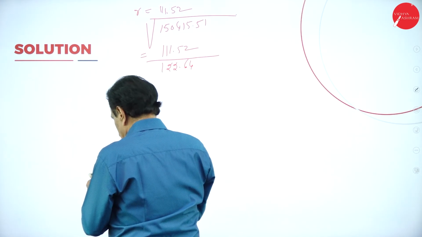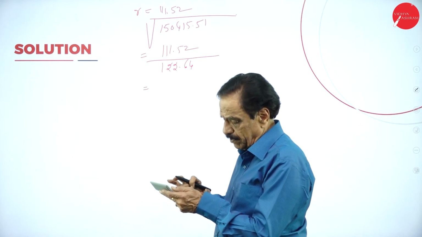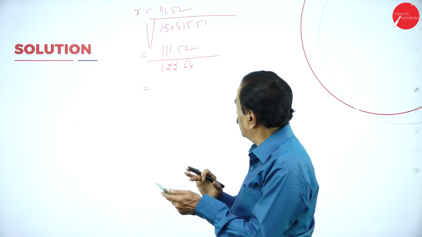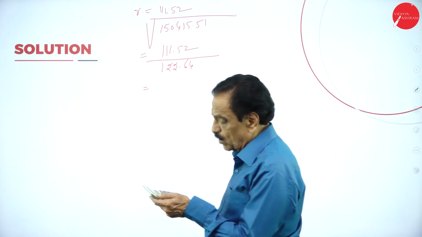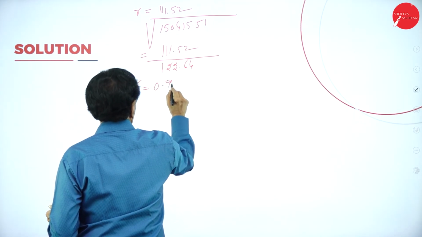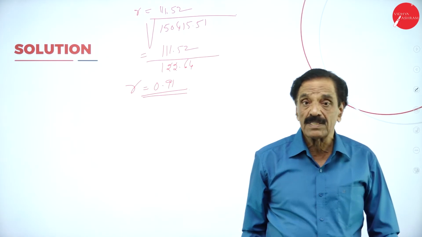Now 111.52 divided by 122.64, 0.909, you can say R is equal to 0.91. So less than 1, your answer is correct.